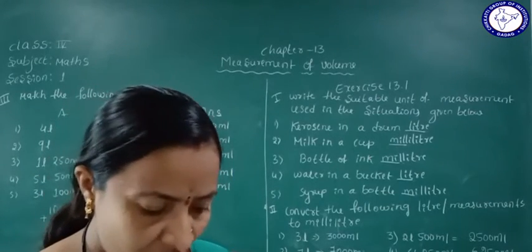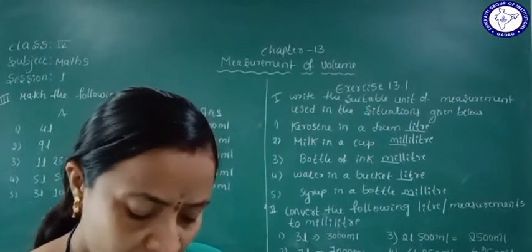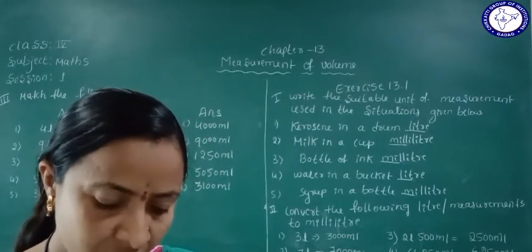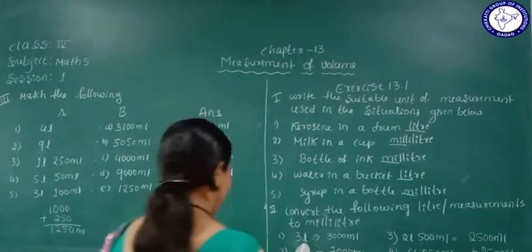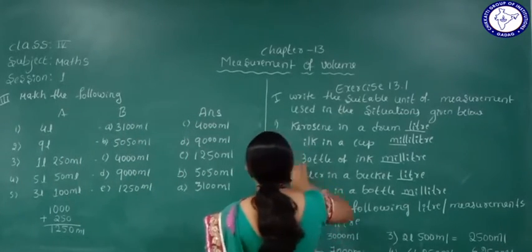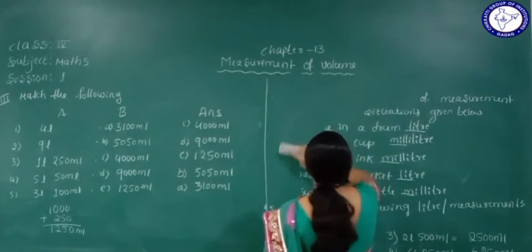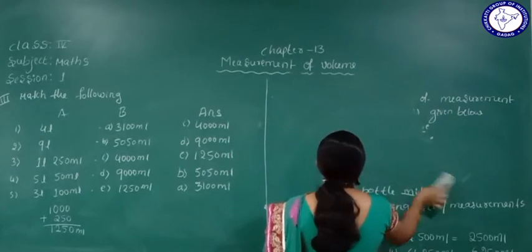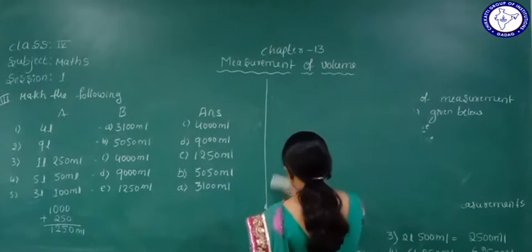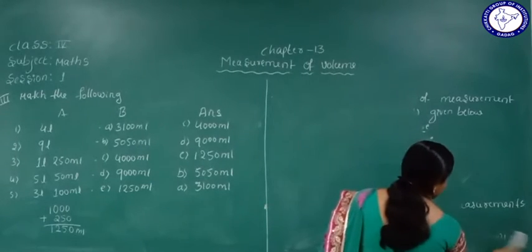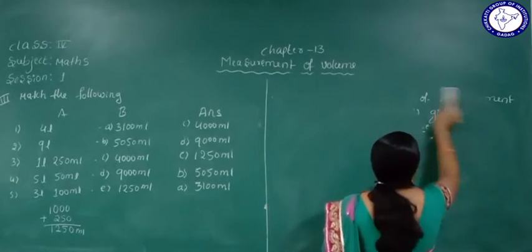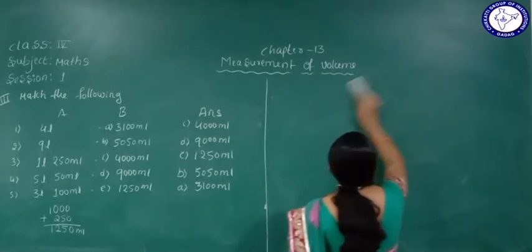Next we are going to convert milliliter into liter. So next we are going to study how to convert milliliter into what? Exercise is completed. Yes, that exercise is completed. So the next topic we will start, that is convert milliliter into liter.